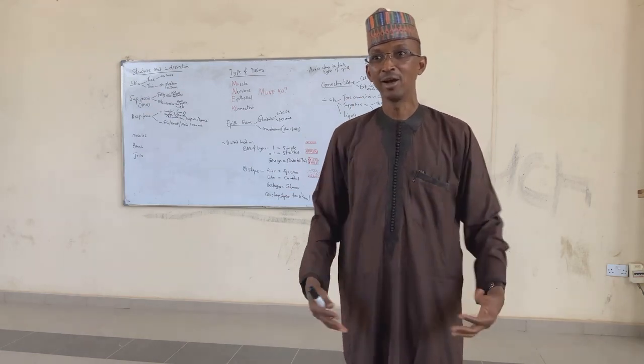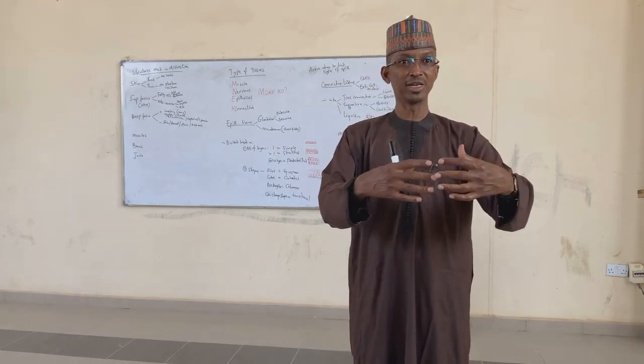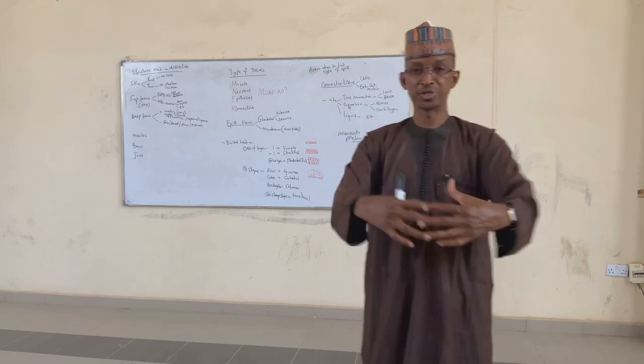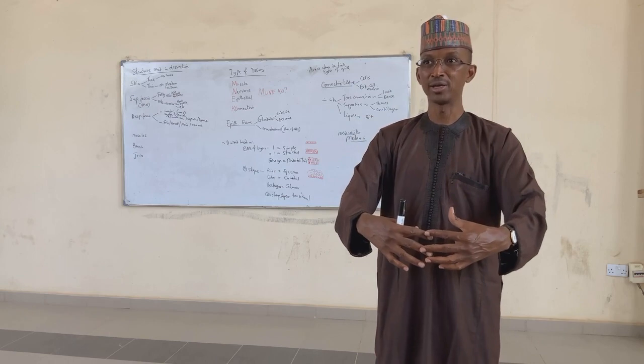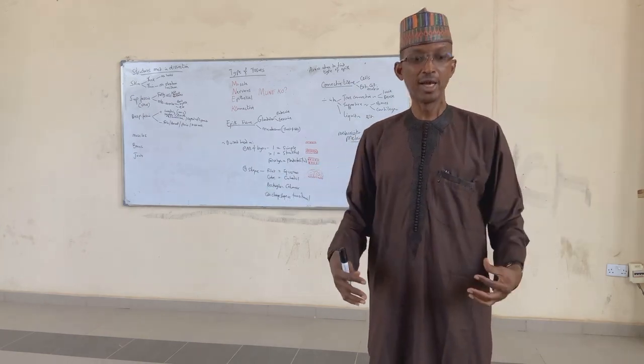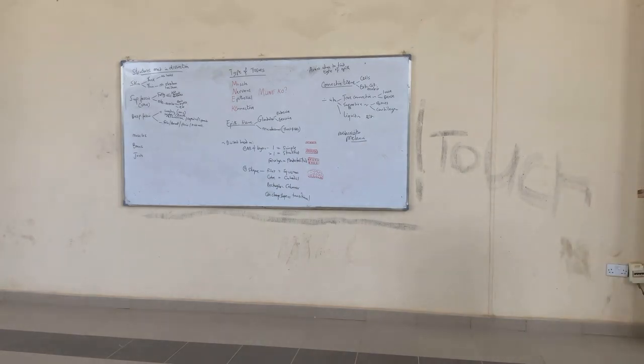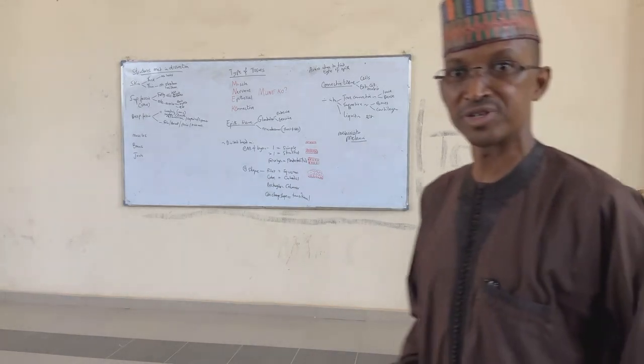You understand? Or these looters of our own money in the country, the politicians, the senators and the members of the House of Reps, you see their stomach like this, the abdomen, very huge like this. And so it's nothing but the anterior abdominal wall has a lot of fat deposit in the superficial fascia.